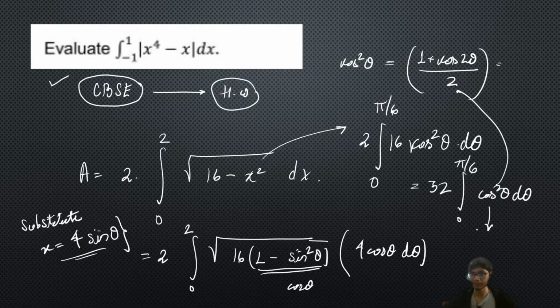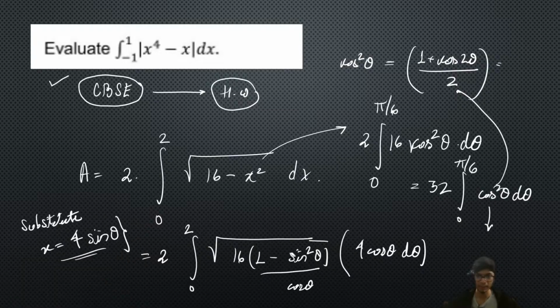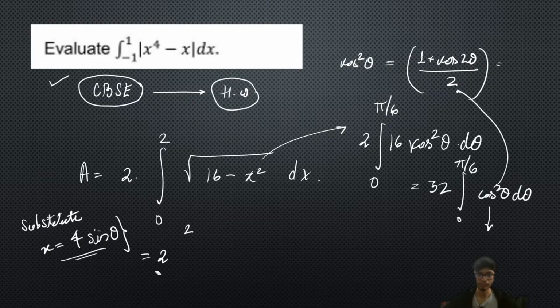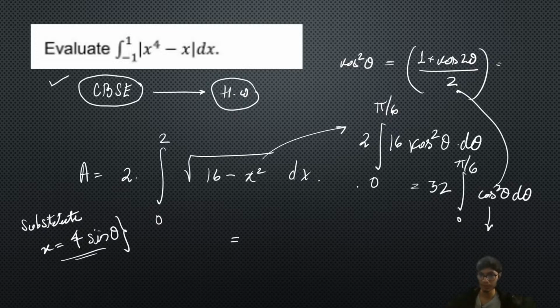So from here I can substitute this integral back as, so let me erase it. I'm just solving it from here. So it is going to be 32 upon 2, that is 16, and again we'll have 16 times, within the limit, 1 plus cos 2 theta, right?